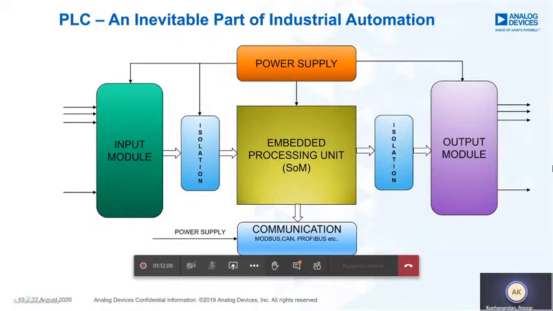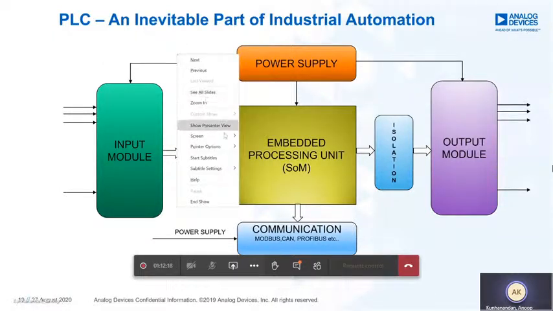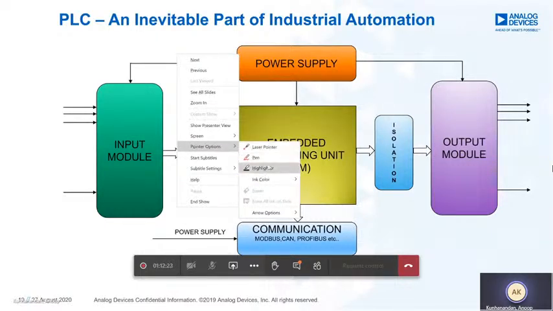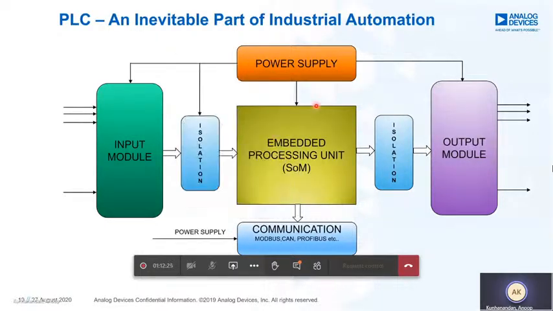As he mentioned, PLC is an inevitable part of any industrial automation. If you look at the architecture below, a PLC is basically a digital computer which has inputs as well as outputs to control a particular process or manufacturing automation.